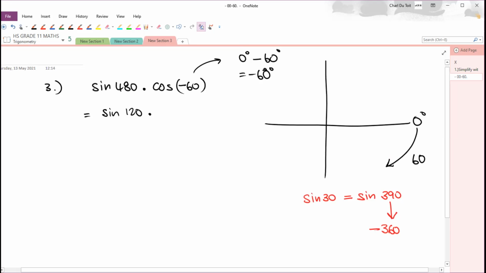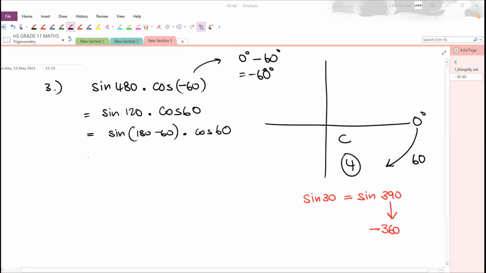And that quadrant is the fourth one, which belongs to cos, which means that's going to be positive cos 60. Right? So now I can work with the sin 120. Sin 120 is the same as sin(180 minus 60) times cos of 60. That is in the second quadrant. So it's positive for sin, positive sin 60 times positive cos 60.